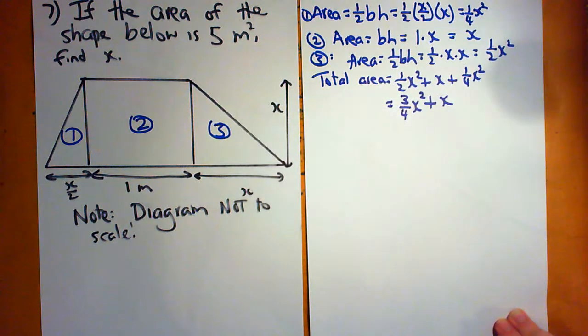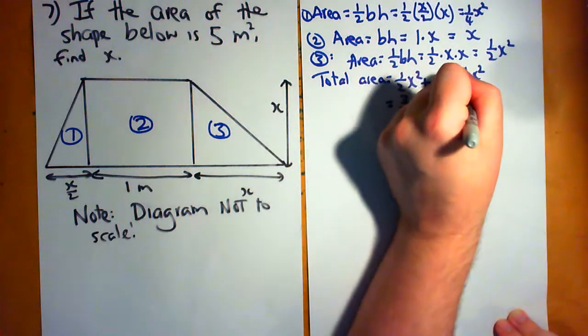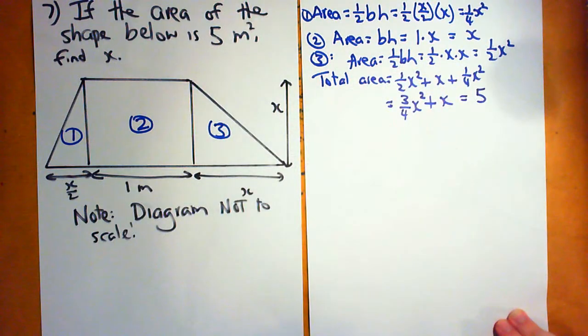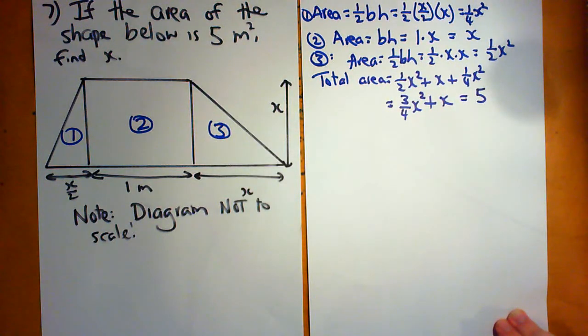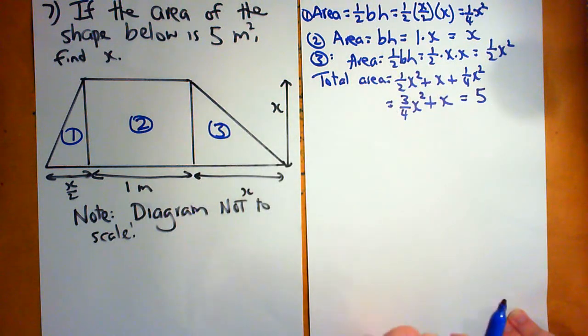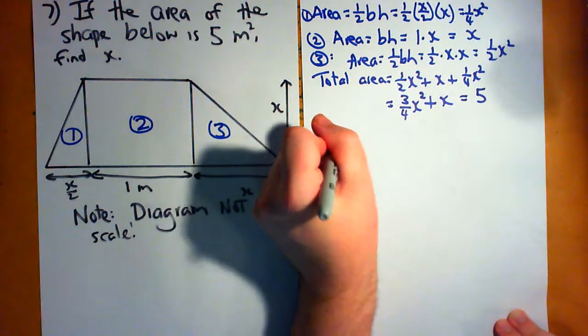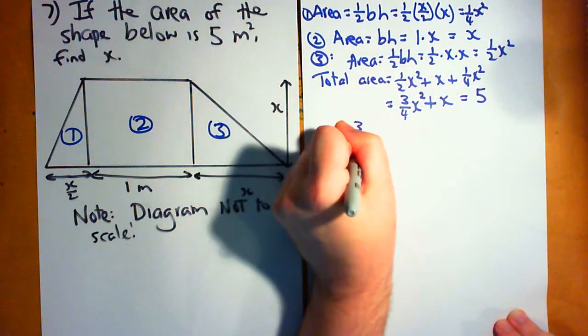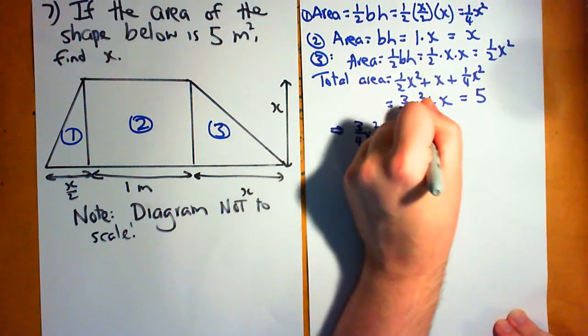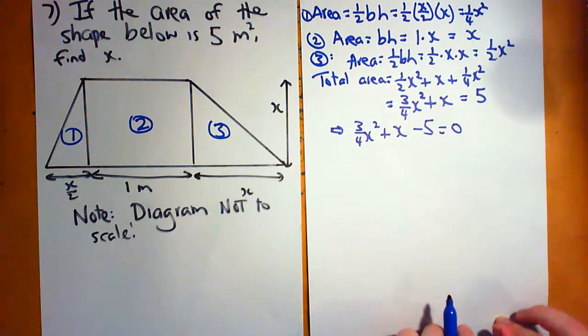So that's an expression for the area of the whole shape. Now this, we are told, must be 5, because the area of the whole shape is 5 meters squared. So that will be a quadratic equation that we need to solve. Our quadratic is 3 over 4 x squared plus x minus 5 equals 0.